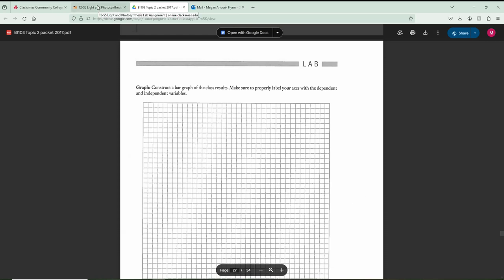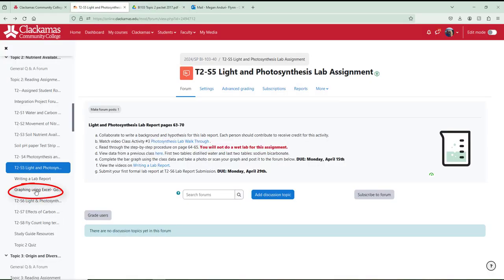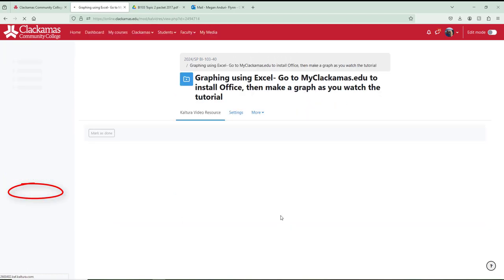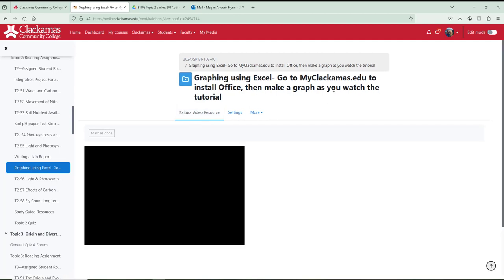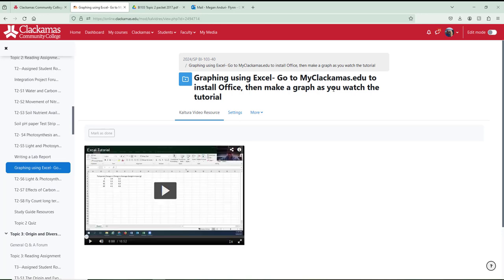Now, if you don't know how to do that, here's a link, Graphing Using Excel. So this is a way that you can watch this Kaltura video resource and see how you can make a graph, okay? So this way you can get an idea of how to graph that data that we hand drew.